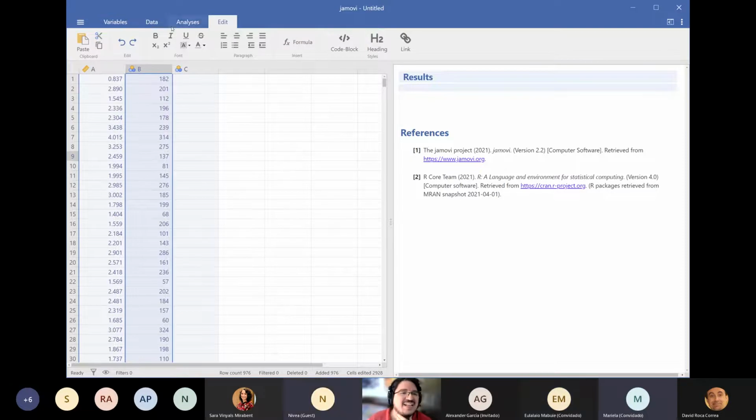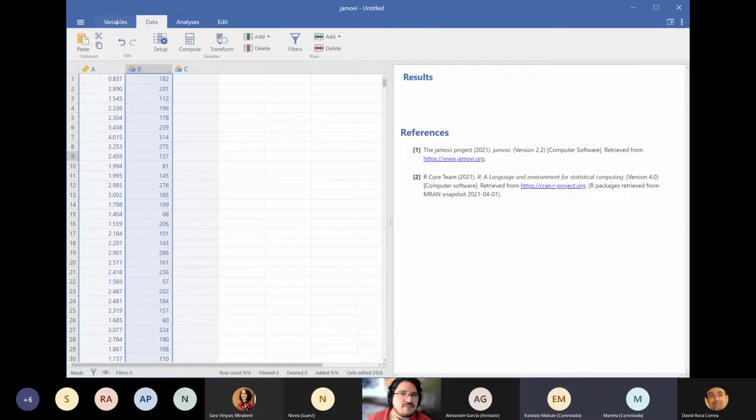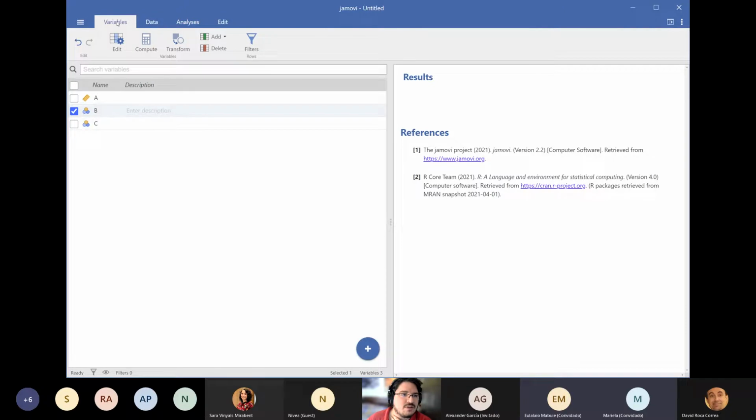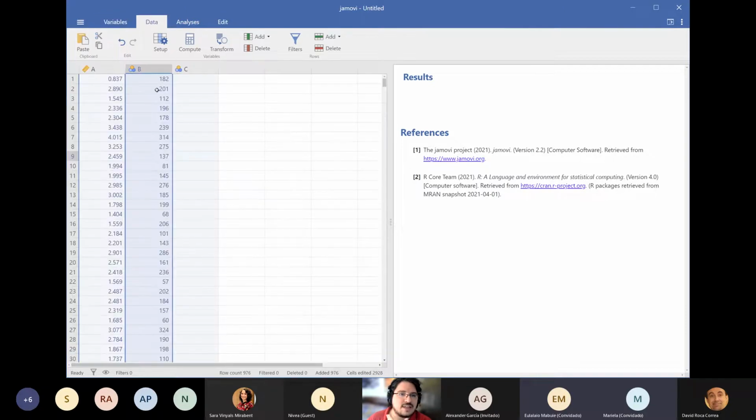All right. So Jamovi has a very common setup that you can see that is very similar to the Microsoft Office suite of apps. So here at the top, in Data, is where you can work with exactly that data.